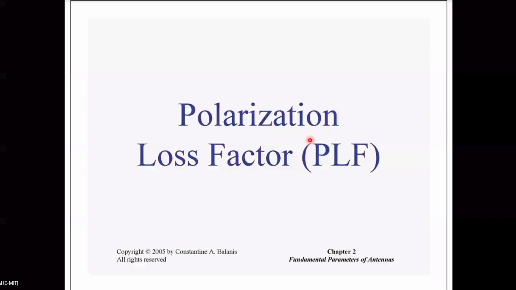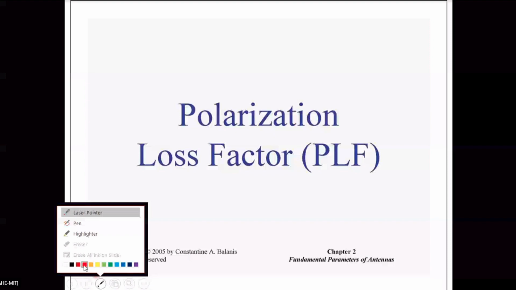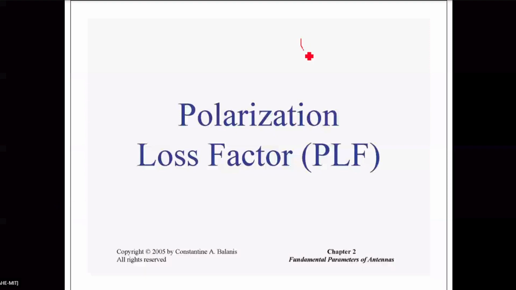If the electric field and the antenna polarization are the same, then you get maximum induced voltage. Yesterday I explained V is equal to E into L. That is possible when both are aligned in the same direction, where E represents the polarization of the wave and L refers to the antenna.